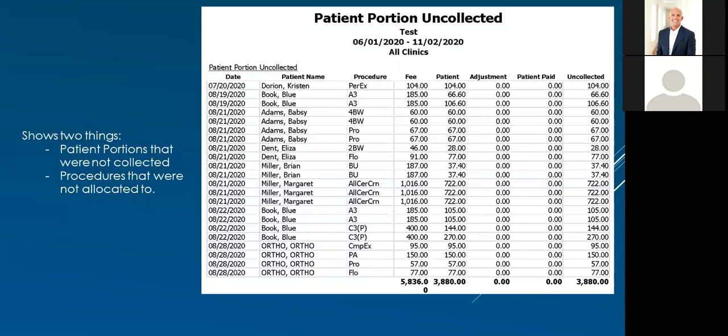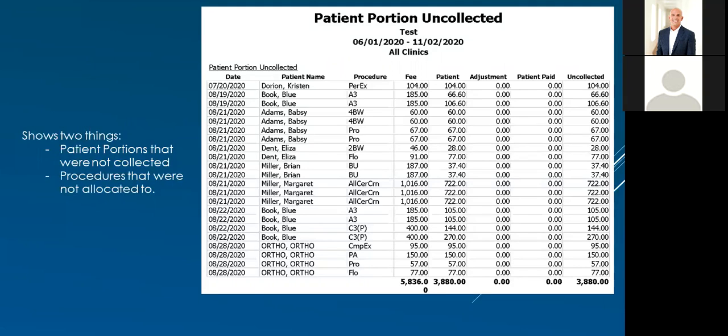That's super important when you are dealing with offices if you pay your providers or associates on collections. Because if the money isn't allocated to the procedures, the likelihood is those providers are not getting paid correctly.